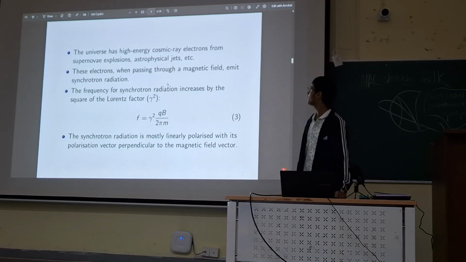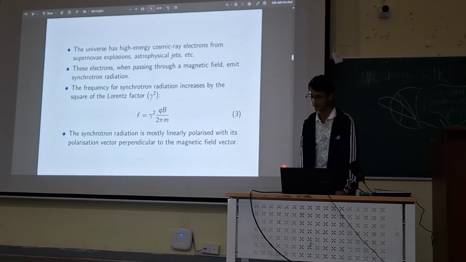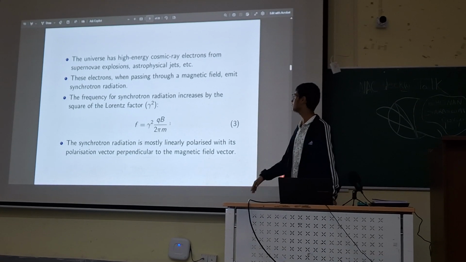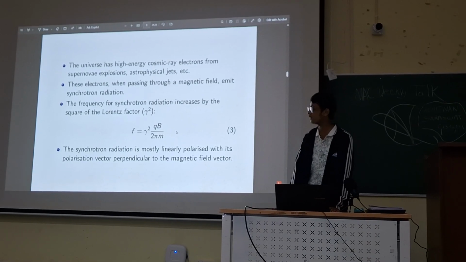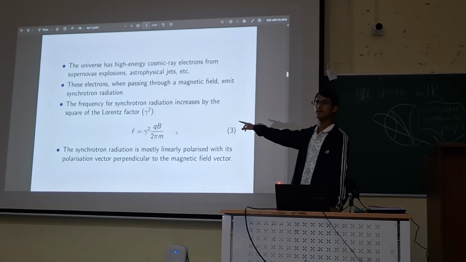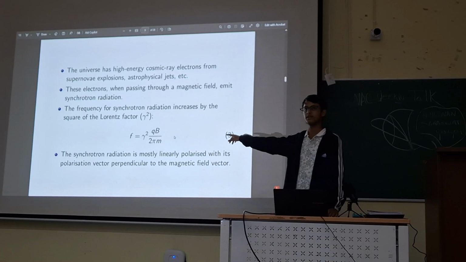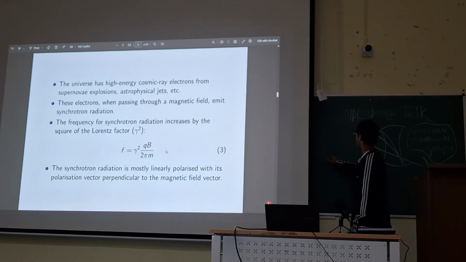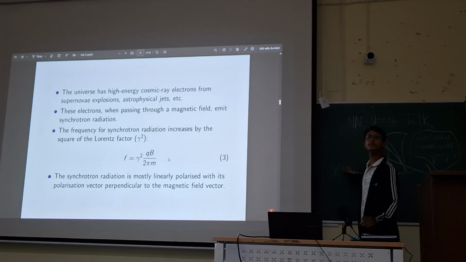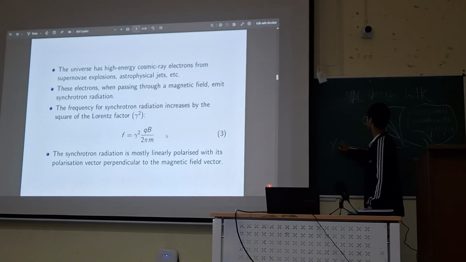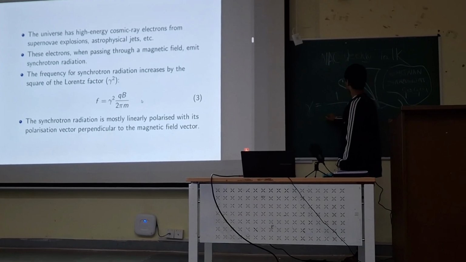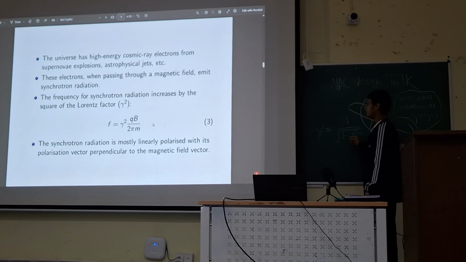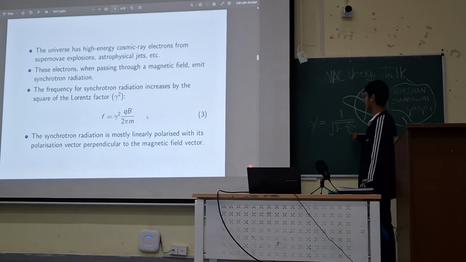The main difference between cyclotron and synchrotron radiation is that the frequency is different. Now the frequency is multiplied by the square of the Lorentz factor. The Lorentz factor is given by this particular expression, where v is the velocity of the particle and c is the velocity of light.